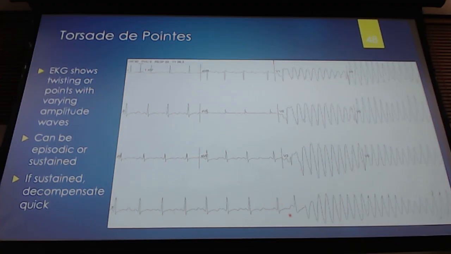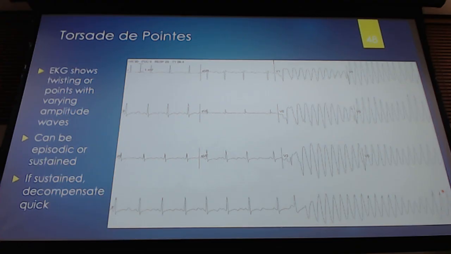But then we have P, QRS, P, and then we have a Q. And as we're coming up to baseline, and as that T is starting to form, we have the onset of this torsades. And we know it's torsades because we have this higher amplitude here, and then it goes to a lower amplitude. And then we have a higher amplitude here. So that's your indication that this is a torsades. This is an R-on-T phenomenon that then pushed this patient into a torsades deployment.